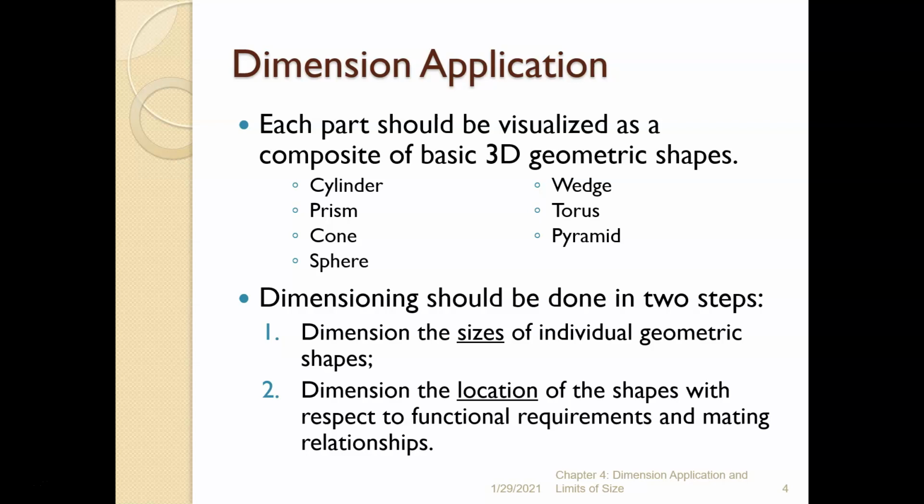And when we dimension, we should remember to follow two basic steps. Dimension the sizes of these individual geometric shapes, or features of size, and dimension the location of those features of size with respect to functional requirements and mating relationships.